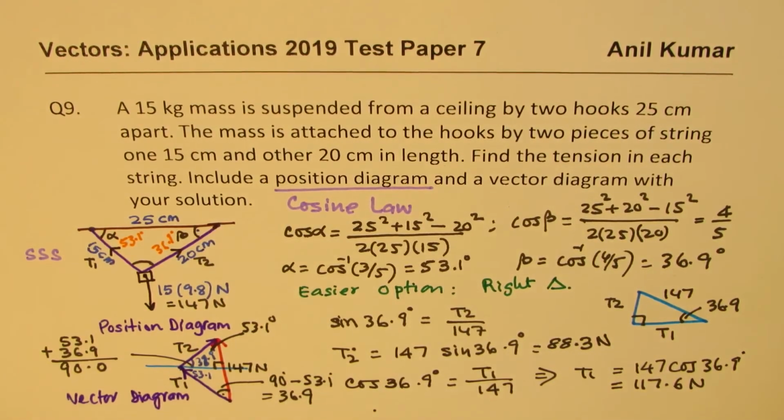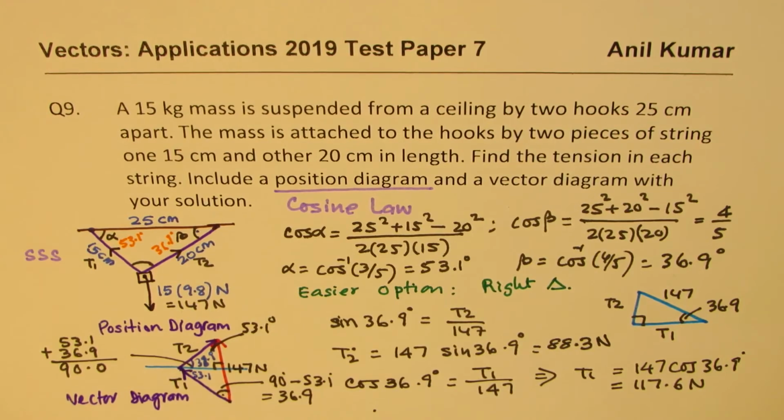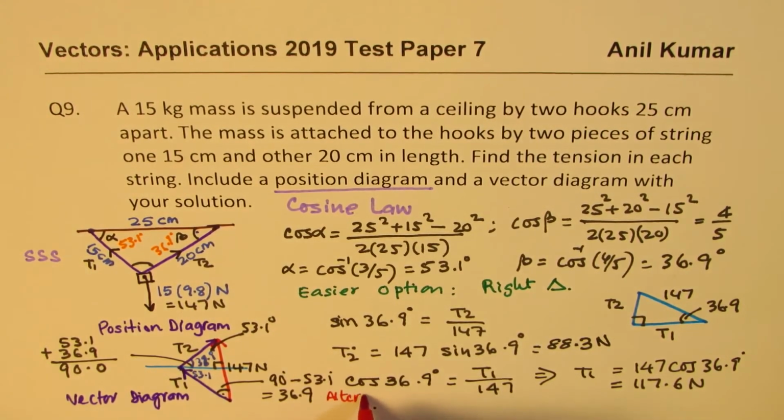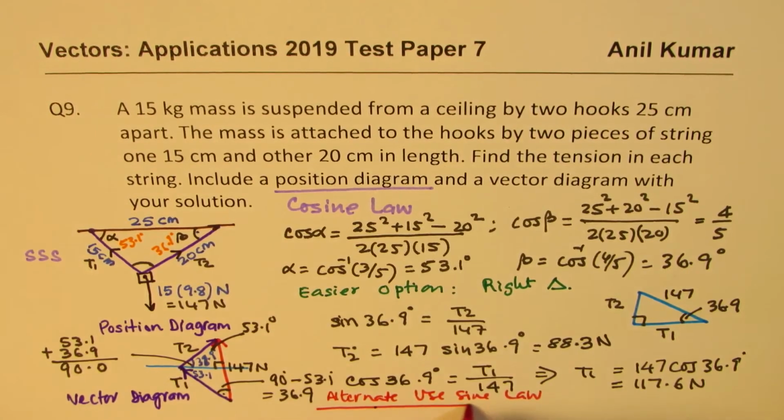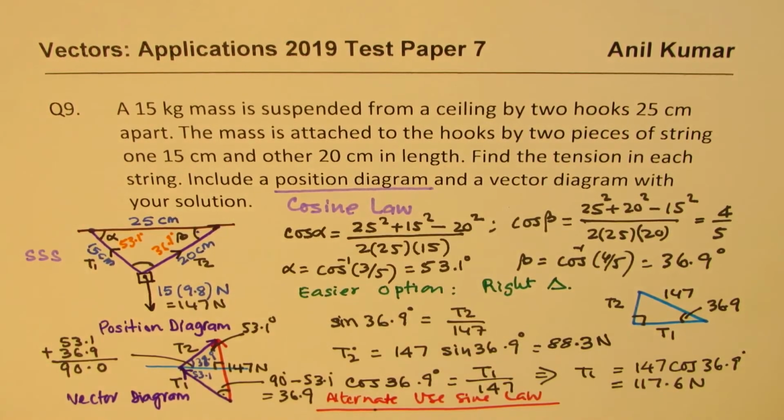Does that make sense? Correct? Now that is how we will do it if we have found that the angle is 90 degrees. Else, let me write alternate: use sine law. Here also you could have used sine law, no problems.